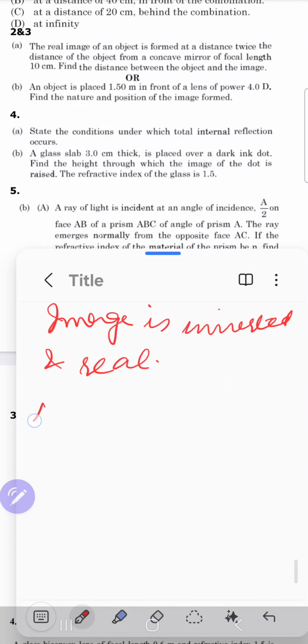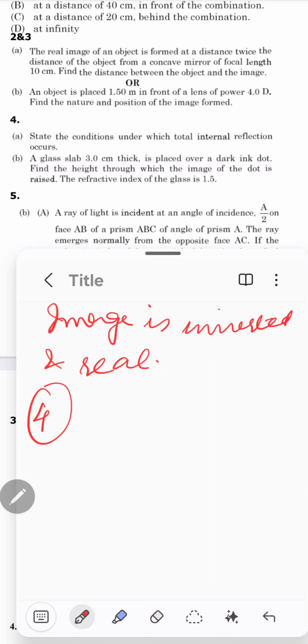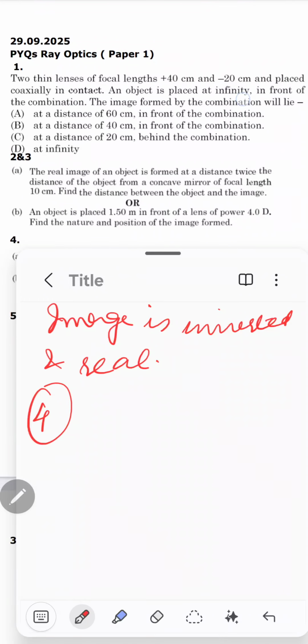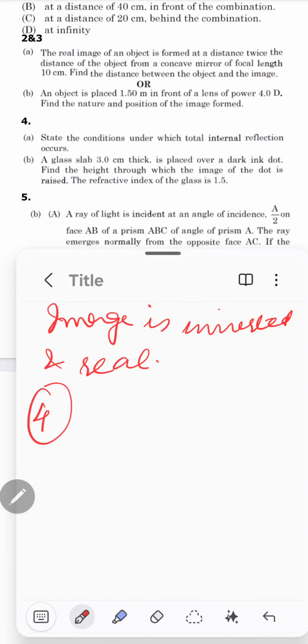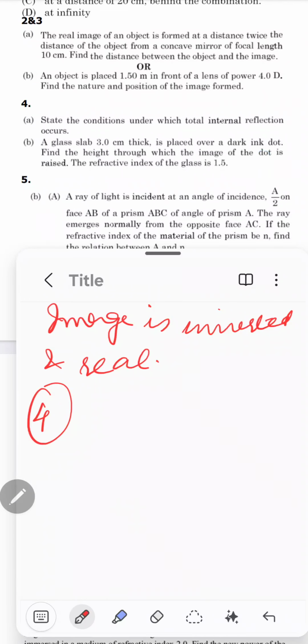Question number 4 is, state the condition under which total internal reflection occurs. As this is a theoretical question, we already know there are 2 conditions.